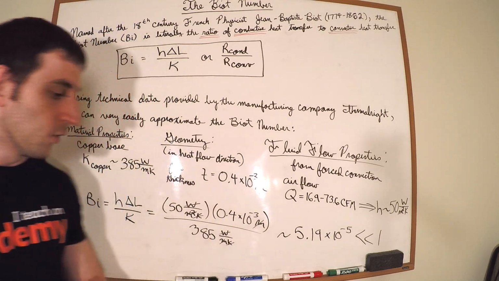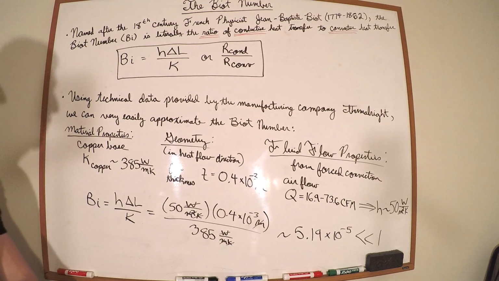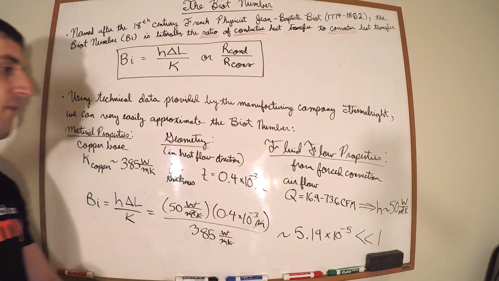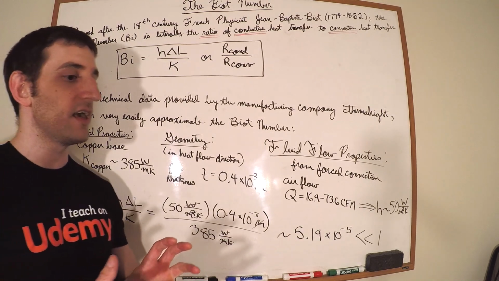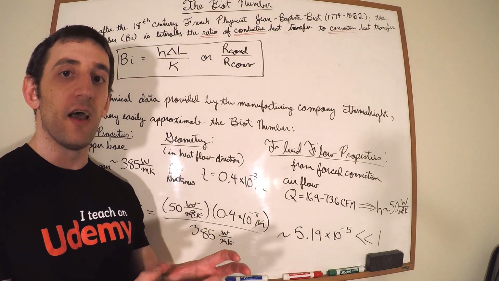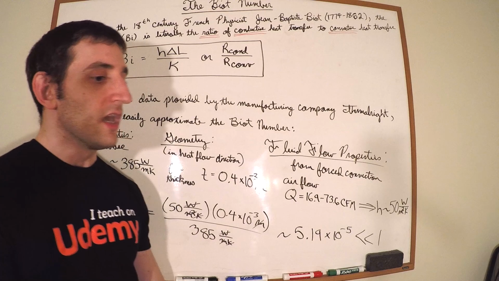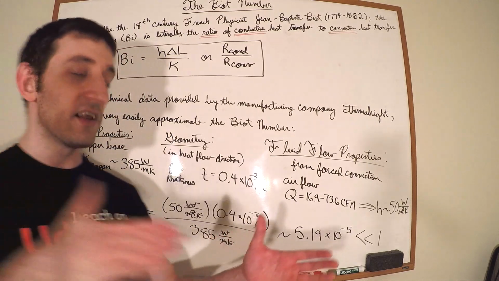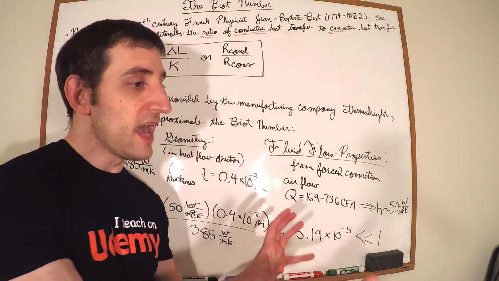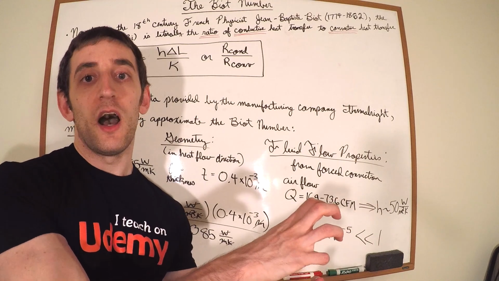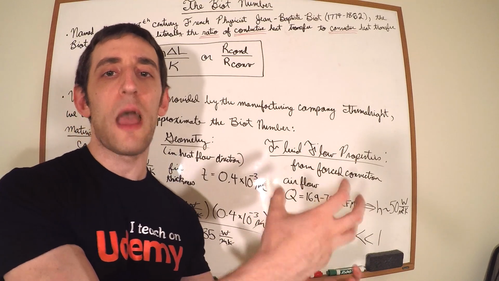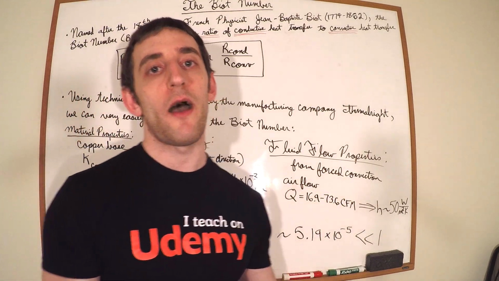So what did we discover in this video? In this video, we discovered that the Biot number is a way of measuring the way in which heat transfer is exhibited in any kind of object. Does it tend to go through conduction or convection? And it's a way of comparing the two such that we can figure out how temperature is going to be distributed throughout an object.